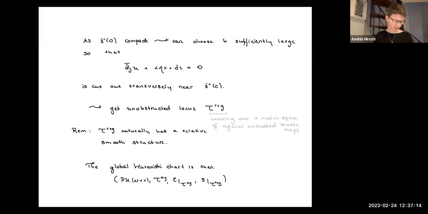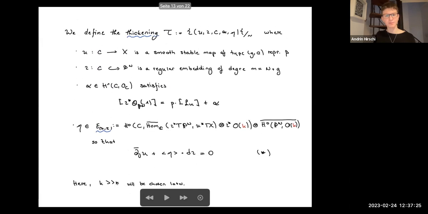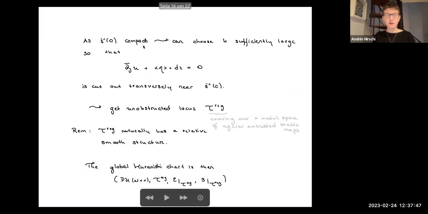So I still promised you that I would tell you how to choose K. I will not do this explicitly, but the point is, for each curve, if you have some stable map with some embedding, then we can choose K sufficiently large that we can use such perturbations living in this space here to kill off everything living in the cokernel of the linearization of the Cauchy-Riemann section at U. Now, since this locus here is compact, and every J-holomorphic curve admits an embedding coming from this line bundle at U such that it lives in here, we can choose this K in a uniform way so that this equation is cut out transversely near the zero locus.